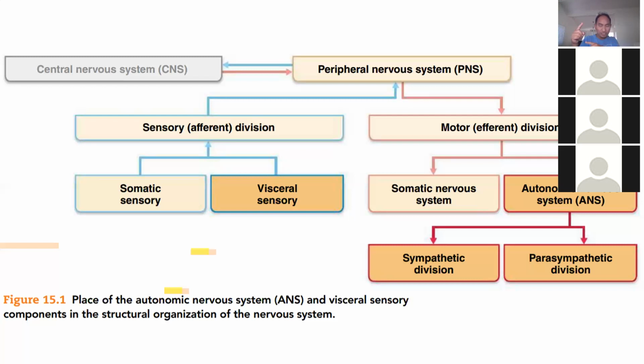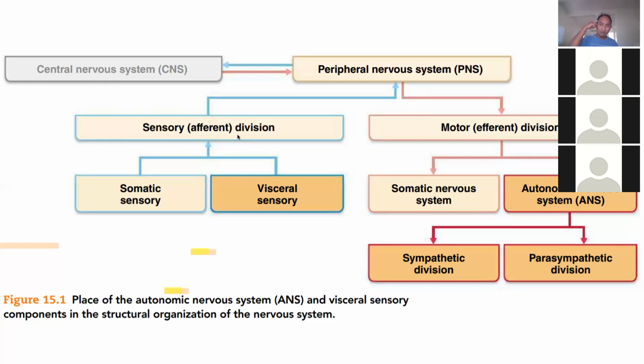So every sensation coming into the brain and spinal cord is called the afferent division or sensory division. Afferent means anything coming from the periphery, coming into the brain and spinal cord.